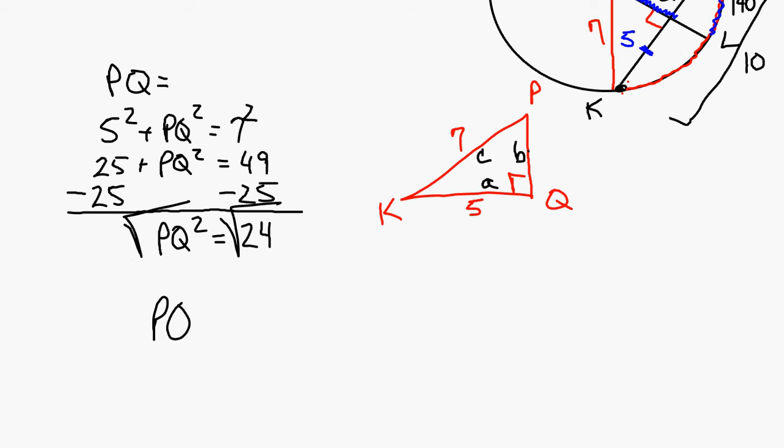So in your calculator, 4.899, so we're going to go with 4.9. So P to Q is 4.9. Okay?